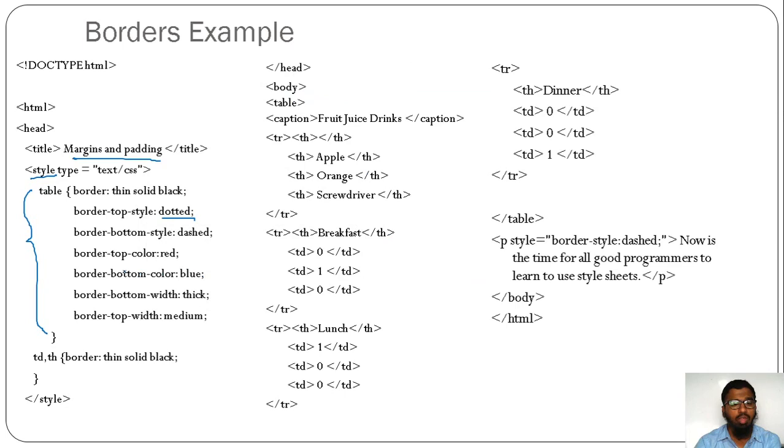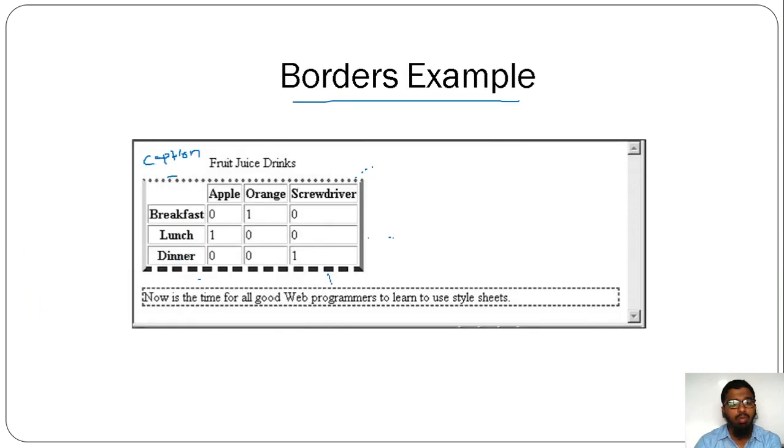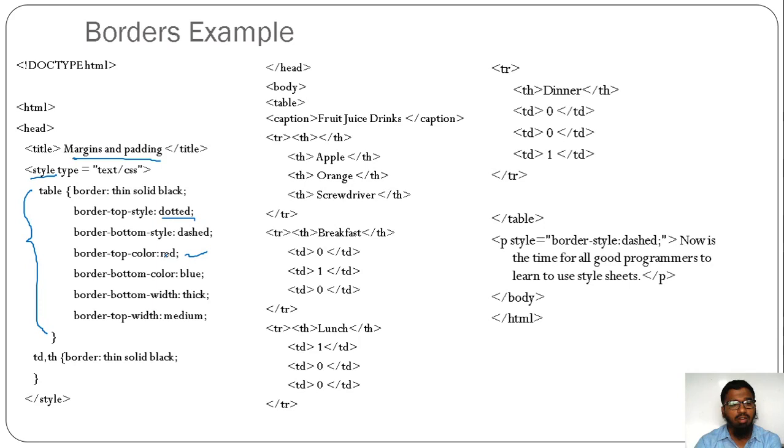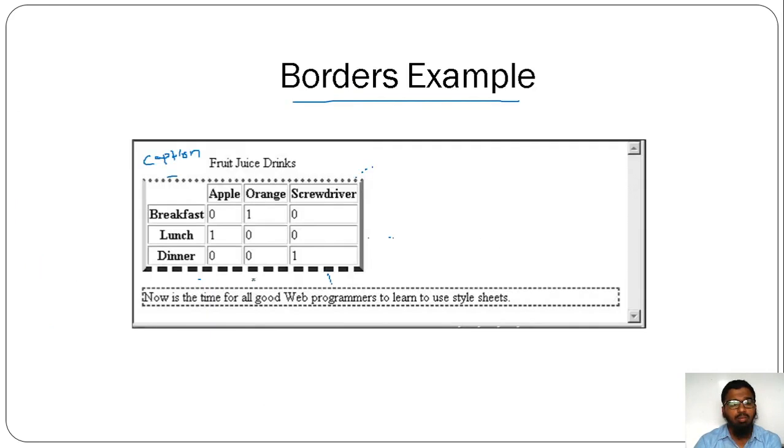Border top color is red, so this dotted line will be in red color. Next, border bottom color is blue, so this will be in blue color.